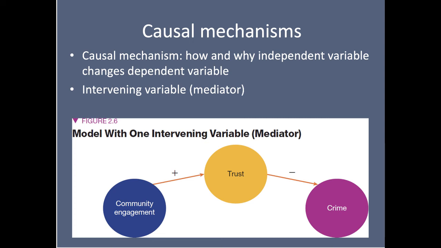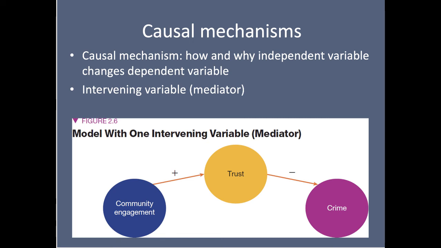We're going to use this model to illustrate why we think that might be true, and we do that with intervening variables, which trust is. It's an intervening variable, sometimes called a mediator, and it's an explanation of the mechanism.